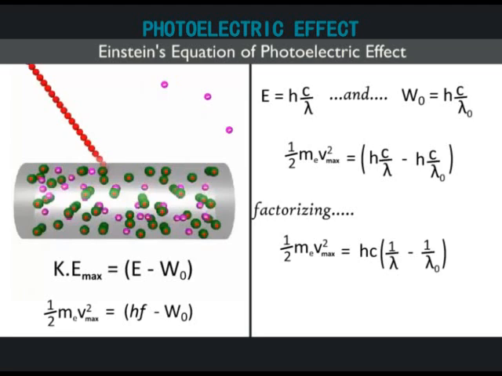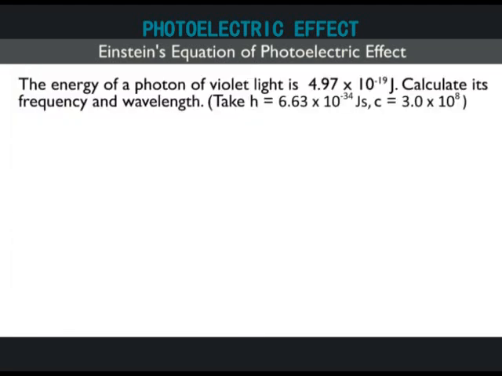Let's take two examples. First one, the energy of a photon of violet light is 4.97 times 10 to power negative 19 joules. Calculate its frequency and wavelength. So, we know that energy is equal to hf.